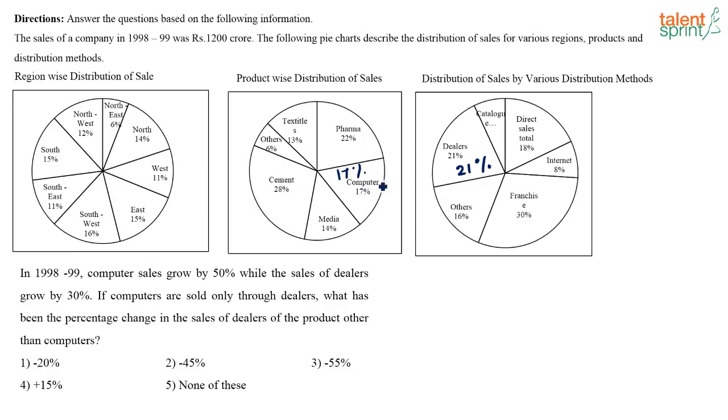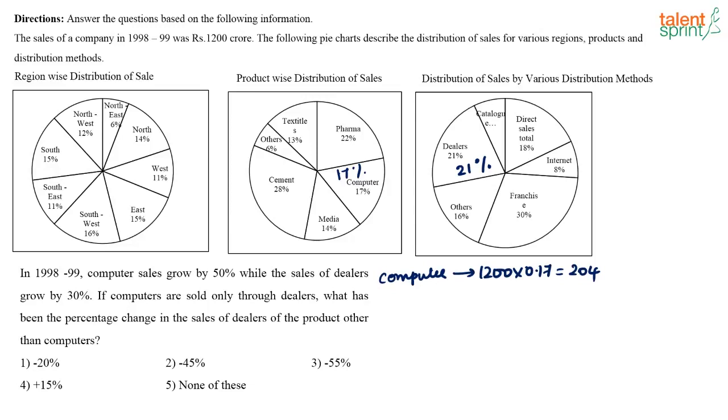Now, first, let us find out how much does the computer sale account to, okay? So earlier, or in the graph, according to the graph, the computers account to 17% of the sale, right? That is 1200, out of 1200 crores, 17% is computers, that is 17 by 100 of 1200, or computers is nothing but 204, right? This is the share of computers. Now, what has happened to the computers?